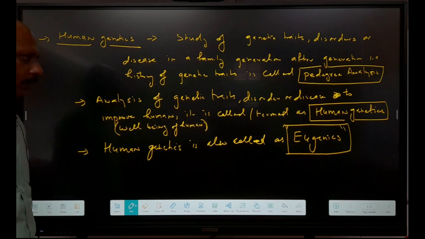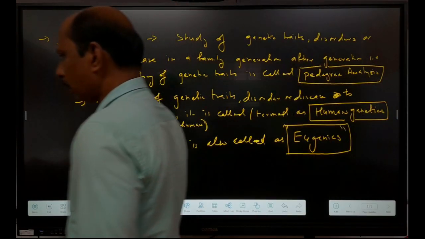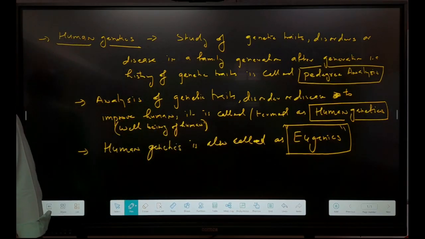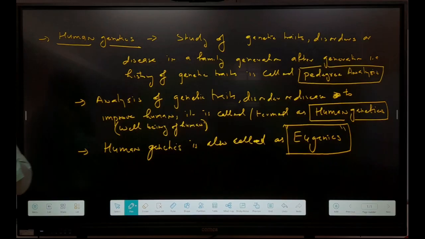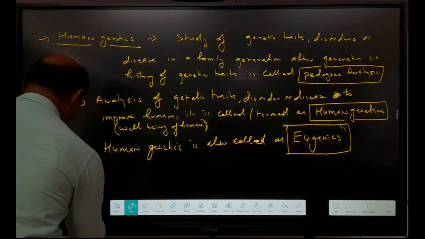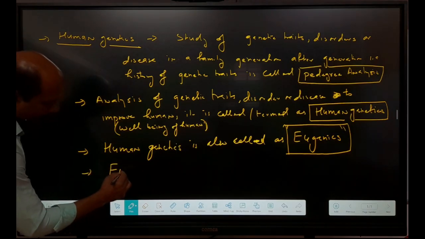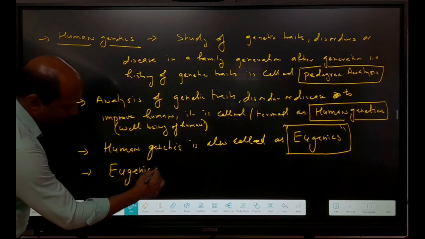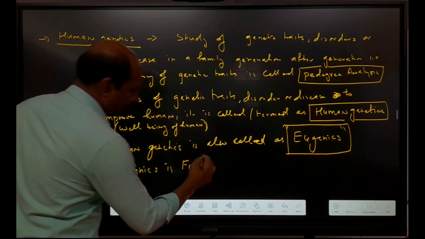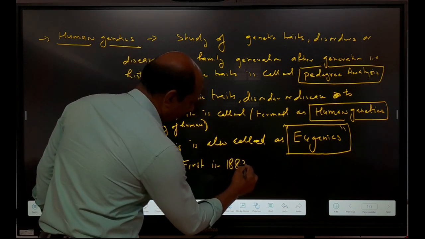Eugenics, right? And this eugenics is first proposed by Sir... who proposed this one? It is Galton, Sir Francis Galton. So Sir Francis Galton is called as father of genetics. Here we can say eugenics is first proposed in 1883.